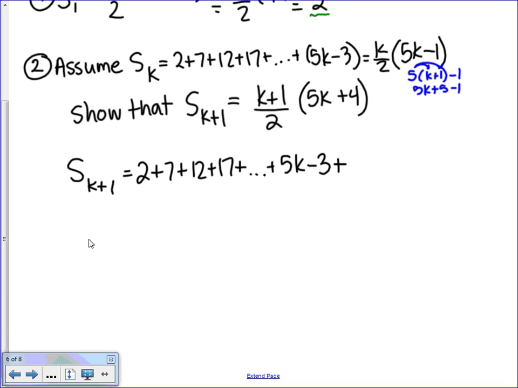The k plus 1 term, the term that comes after the k. So we'll do 5 times k plus 1 minus 3.